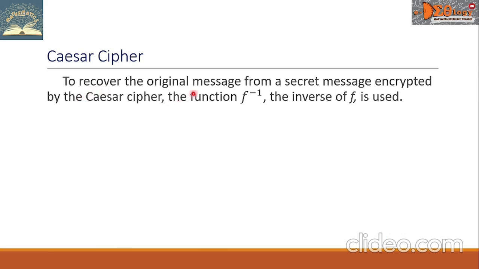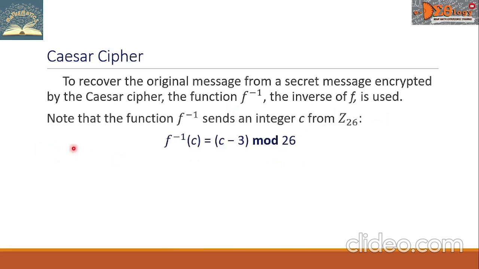To recover the original message from a secret message encrypted by the Caesar cipher, the function f inverse, so this is the inverse of f, is used. Note that the function f to the negative 1, or f inverse, sends an integer c from Z sub 26 to the quantity c minus 3 mod 26.